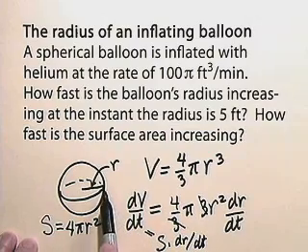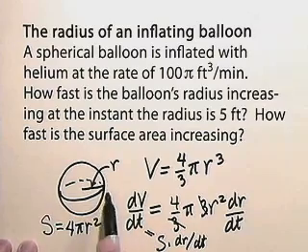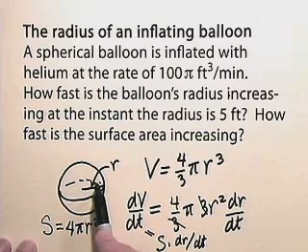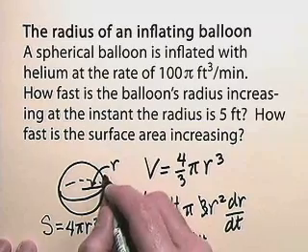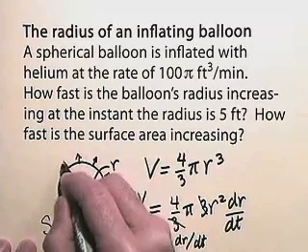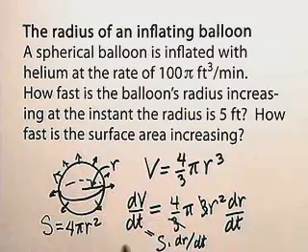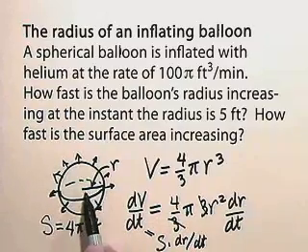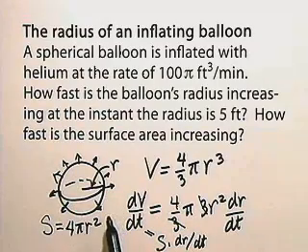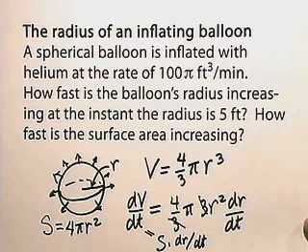Well, notice as the radius increases, the rate that the radius increases is effectively the rate at which the surface of the sphere is moving out in all directions, perpendicular to itself. Sort of everything is moving out in what we would call the normal direction to the sphere, and the rate at which that spherical surface is moving out due to the balloon inflating is dr/dt. And so our rate of change of volume is simply the area of the moving surface times the rate at which it moves out.